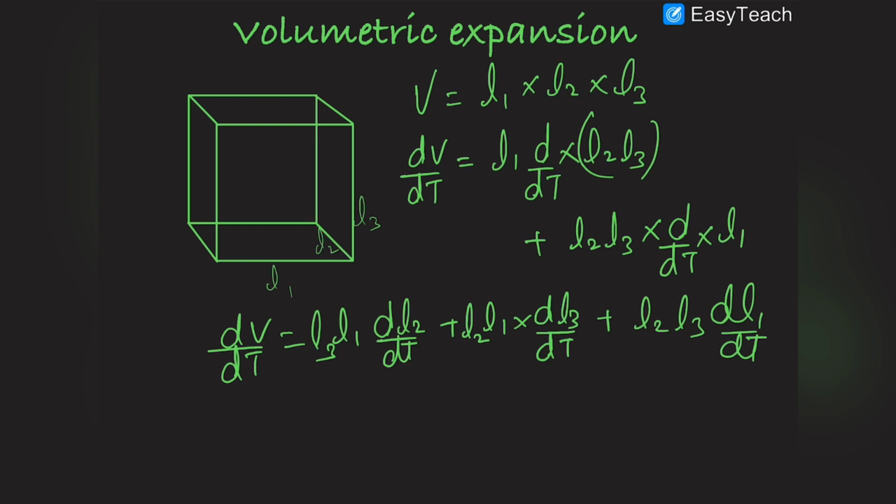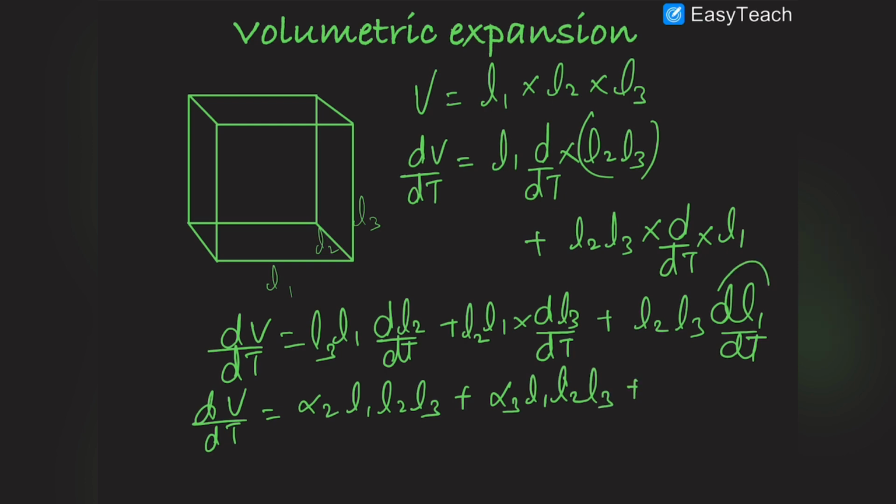Okay, so we can write dL2 by dt as alpha 2 L2, so this is alpha 2 L1 L2 L3. We can write dL3 by dt as alpha 3 L3, so this is alpha 3 L1 L2 L3, plus we can write dL1 by dt as alpha 1 L1, so this is alpha 1 L1 L2 L3.